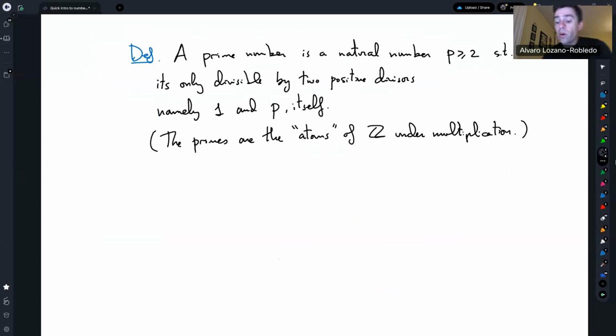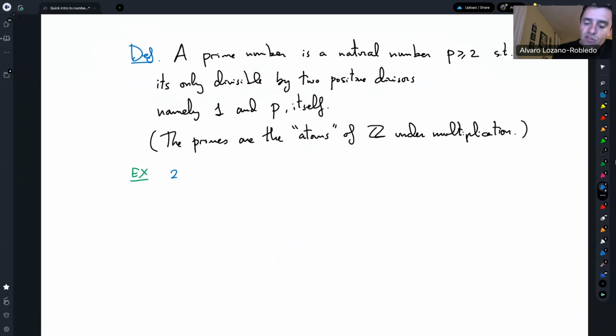In other words, if you want to generate the integers just by multiplying a set of basic elements, what you need are the prime numbers. The prime numbers will generate every natural number with multiplication, and with -1, it will generate all the non-zero integers on their multiplication.